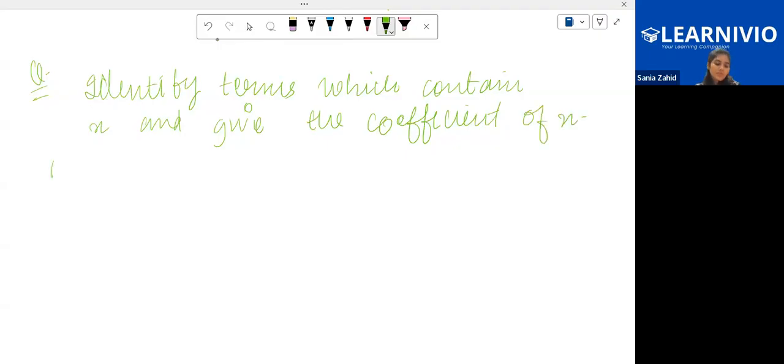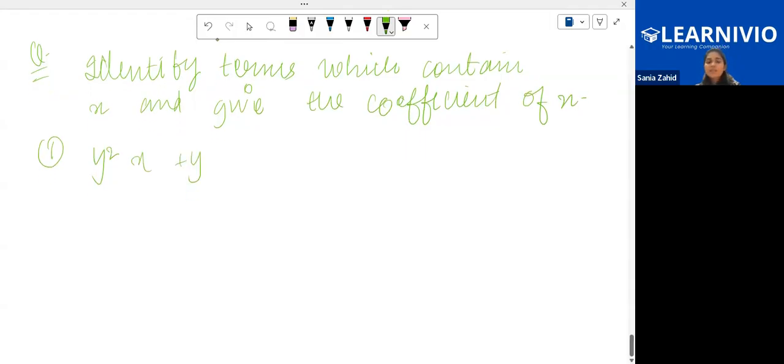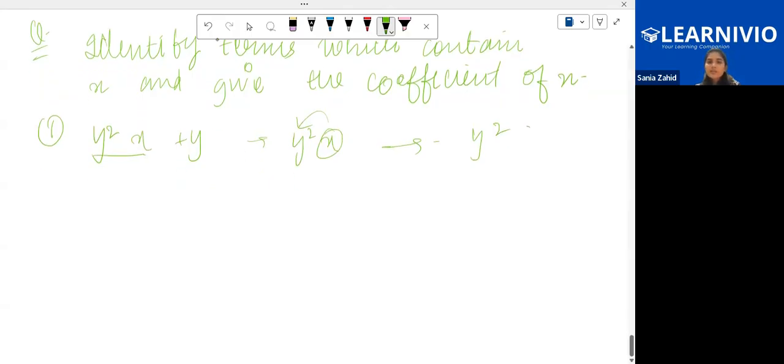For example, y square x plus y. Which of the terms has x in it? This term. So first write the term and then you write the coefficient of x. The coefficient of x is y square. You make two columns. First write the term which contains x, then you write the coefficient of x. Next, let's suppose 13y square minus 8yx.